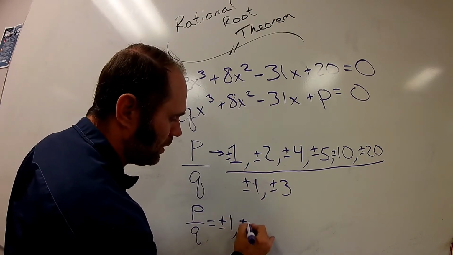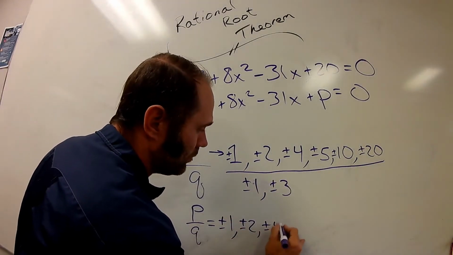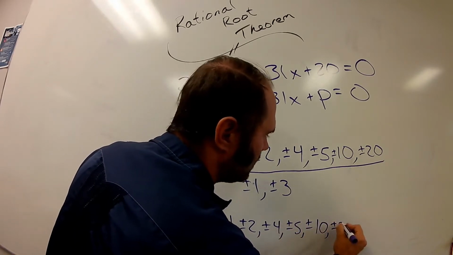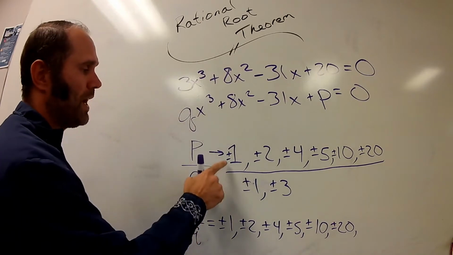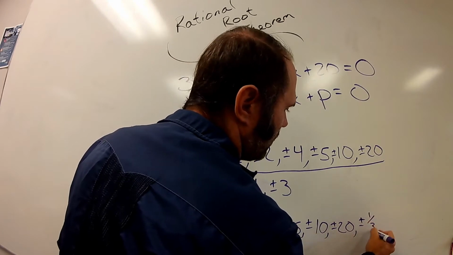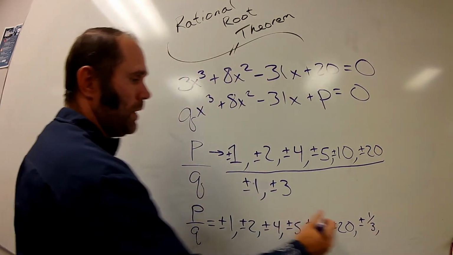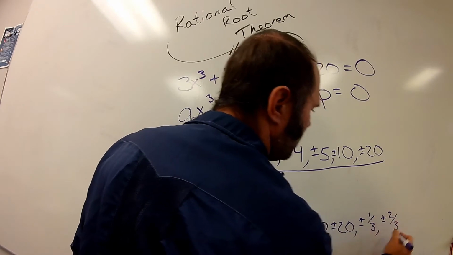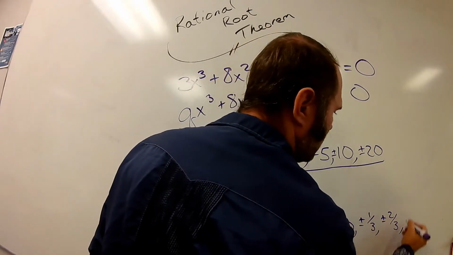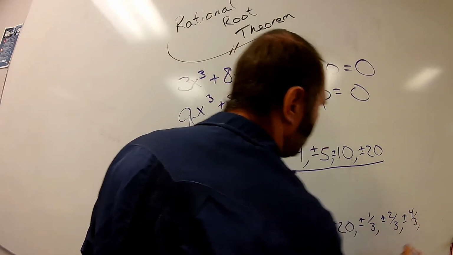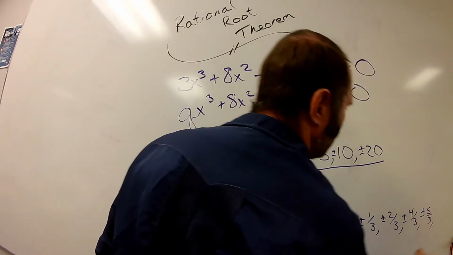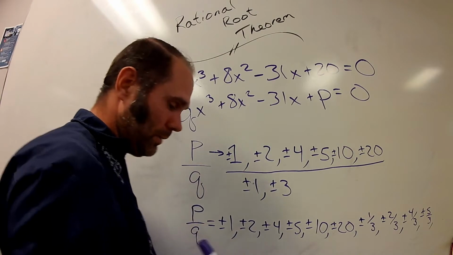So plus or minus 1, plus or minus 2, plus or minus 4, 5, 10, 20, and then we get some fractions: 1 over 3. So plus or minus 1 over 3, 2 over 3, 4 over 3, 5 over 3, 10 over 3, and 20 over 3.